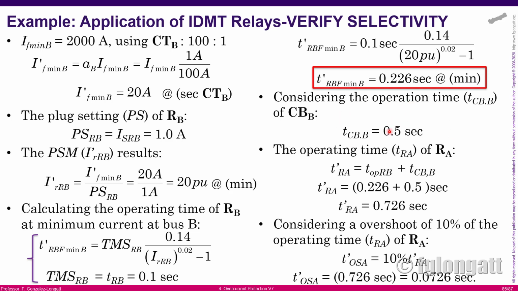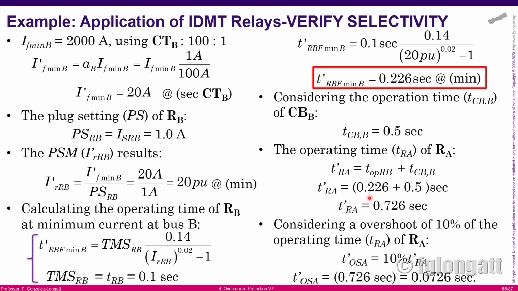But now what we will do is, again, this circuit breaker is quite slow, 0.5 seconds. Using the operating time 0.5 seconds, we can obtain the minimum operating time for the relay A. That means that the relay A must wait 0.726 seconds.